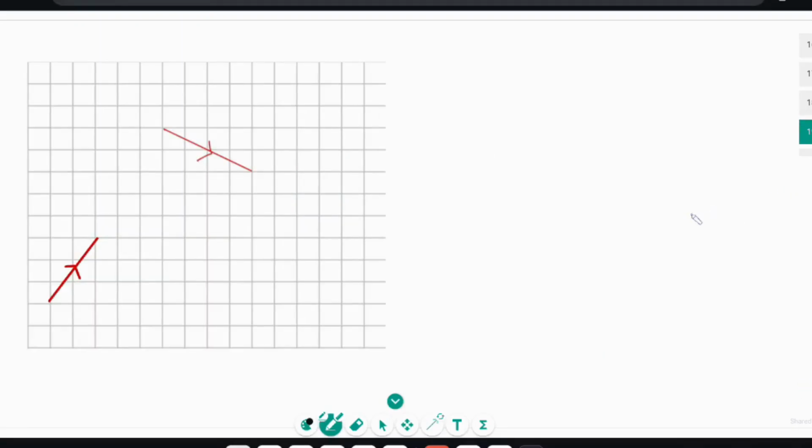So have a look at these two vectors, A and B. Write them both as column vectors and find the magnitude. So for A, we have 2 across, 3 up. So (2, 3). B, 4 to the right, 2 down.